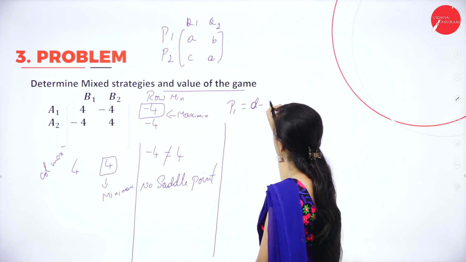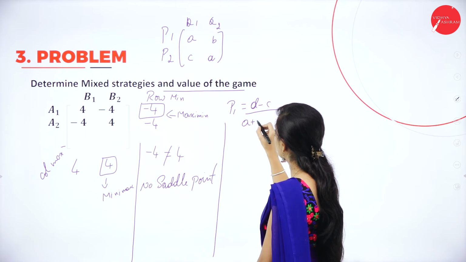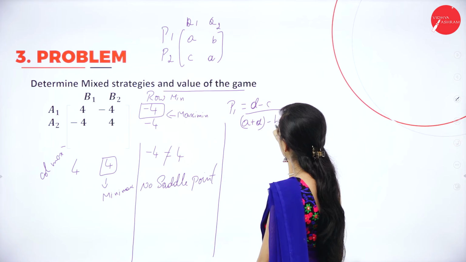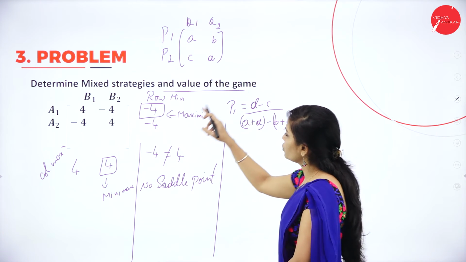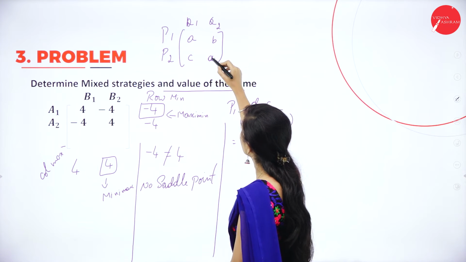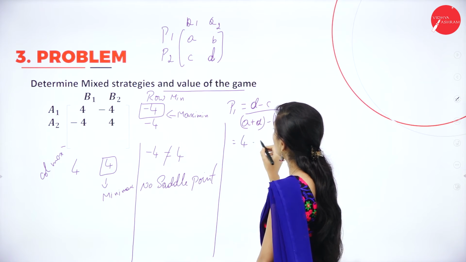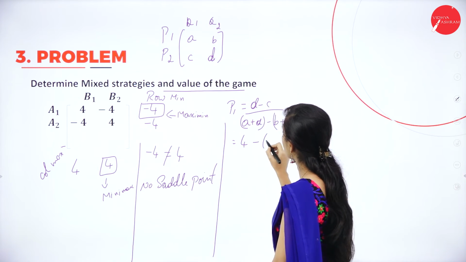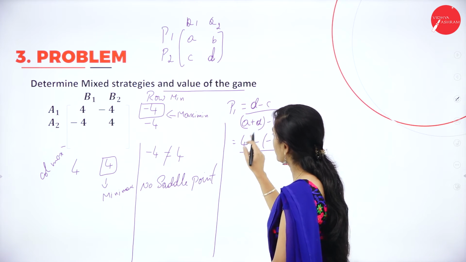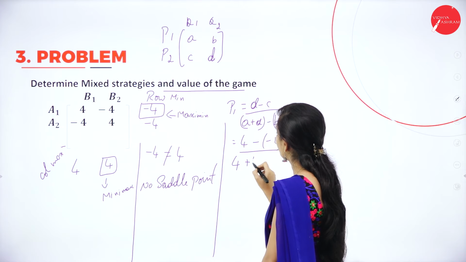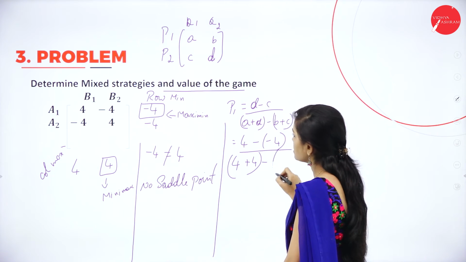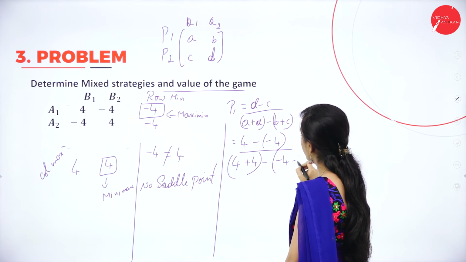D minus C by A plus D minus B plus C. Substitute the values. D value is 4 minus C value is minus 4 divided by A plus D, A is 4 and D is 4, minus B plus C, minus 4 minus 4.